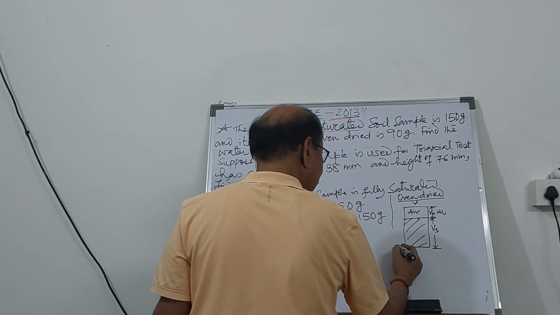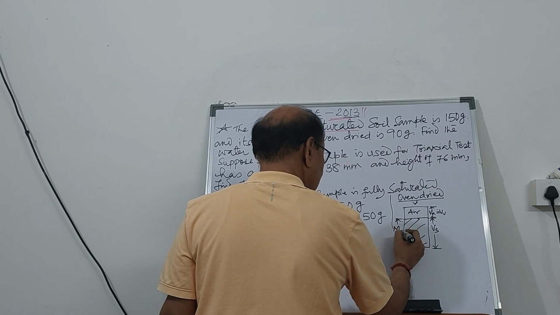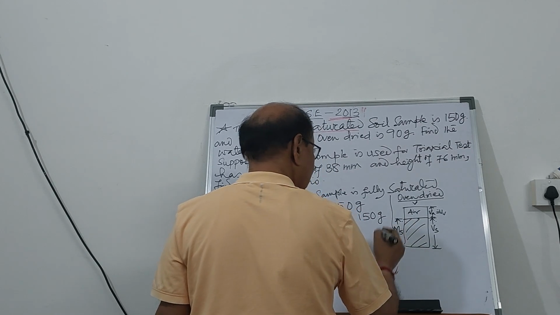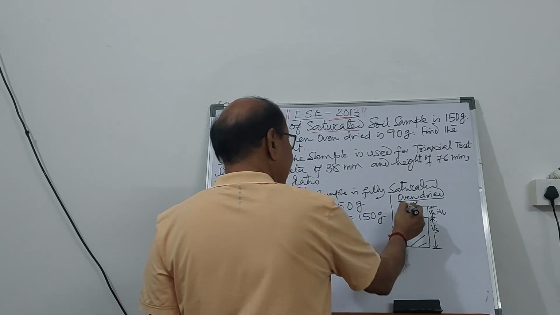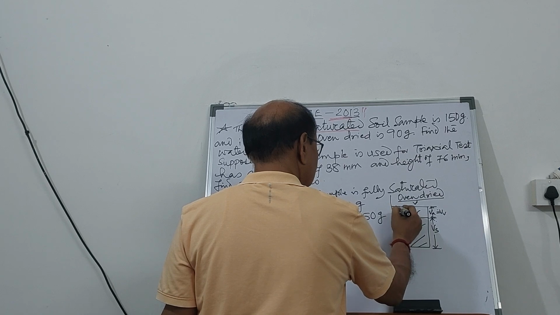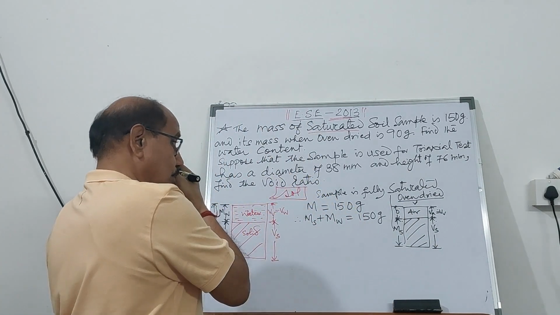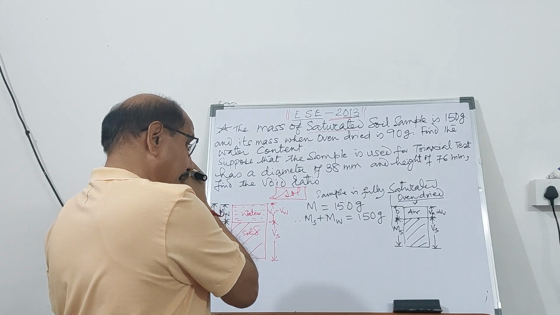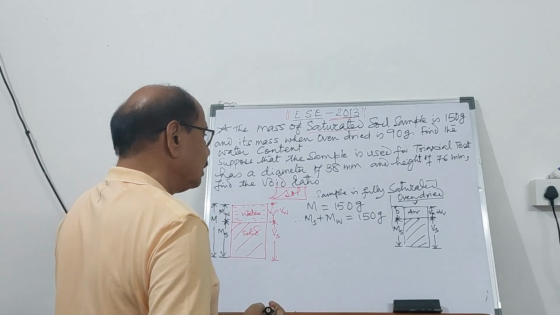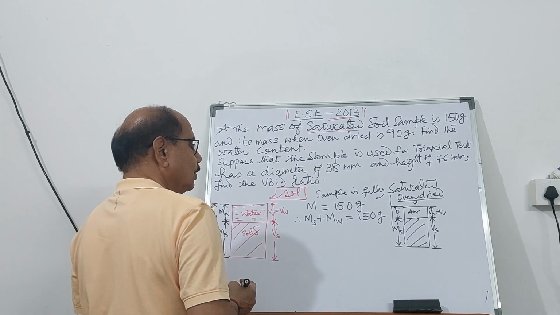This is the mass of soil solids, and the mass of air will be 0. So the weight in terms of grams, it's going to be 0.